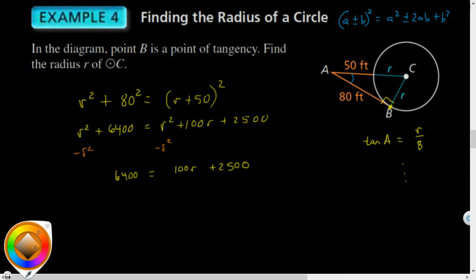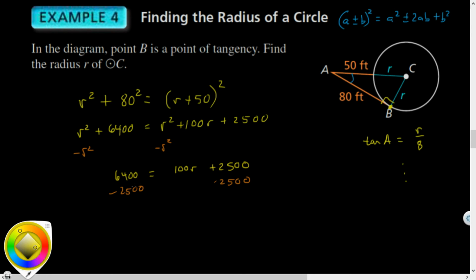Okay, so let's see. Jack, here we go. Jack, how do I solve this for R now? All right. I like your thinking.